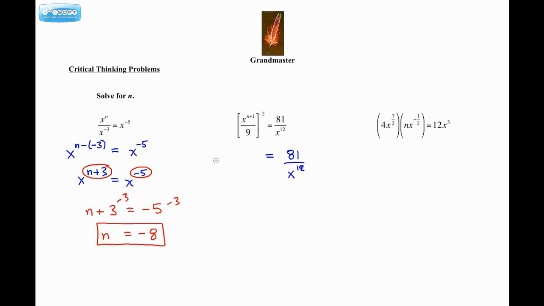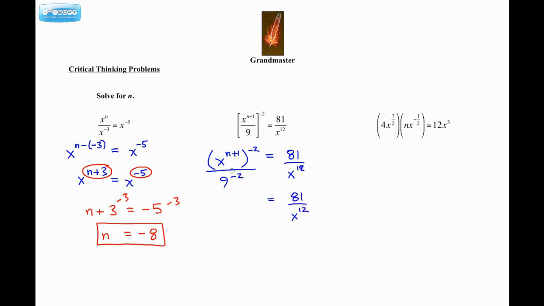So let's do that. So this becomes x to the n plus 1 to the negative 2 over 9 to the negative 2. So I have a bunch of junk, each of which is being raised to the power of negative 2. That's still equal to this.